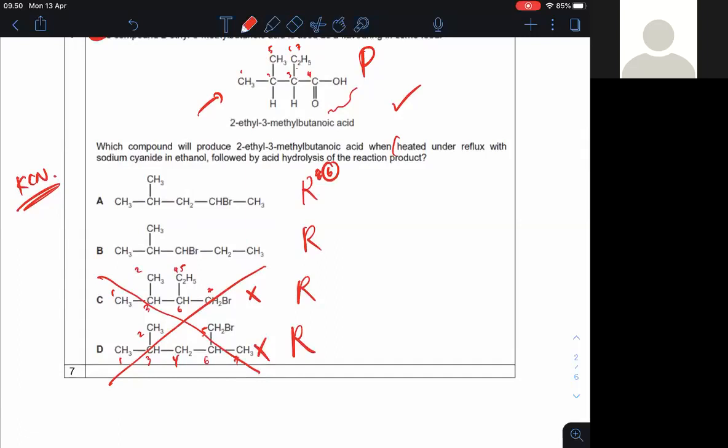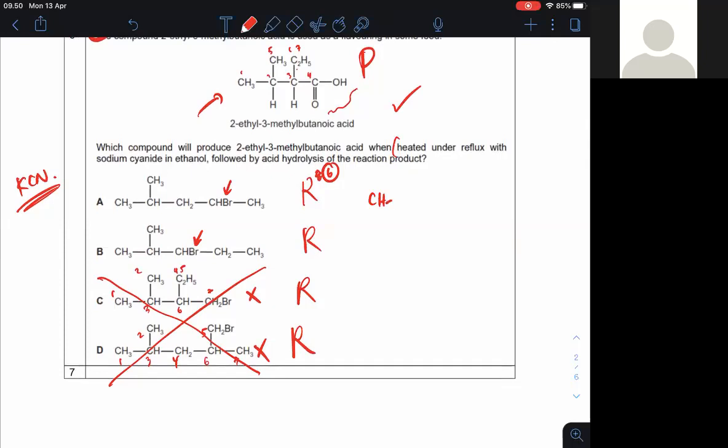Okay, so here you are going to react with KCN. So it must be substitution of this Br. If I substitute the Br over here, what I will get is CH3, CH, CH3, CH2, CH, CN, and then CH3.